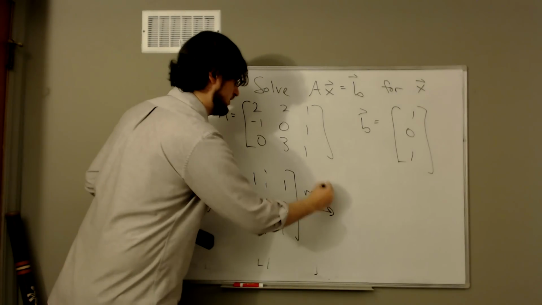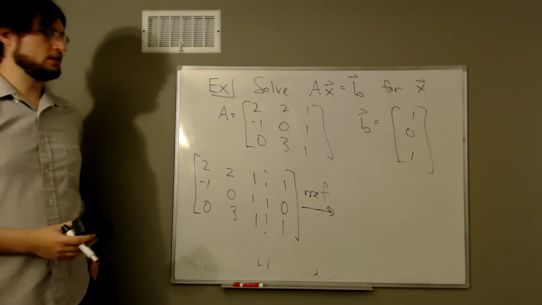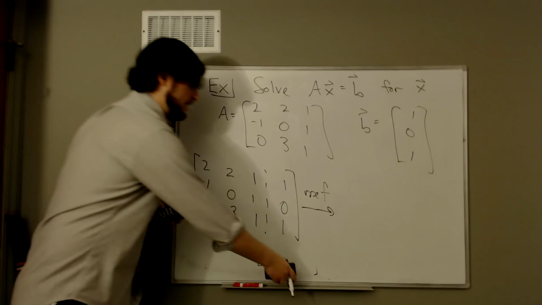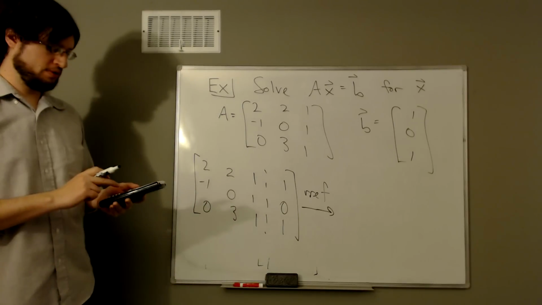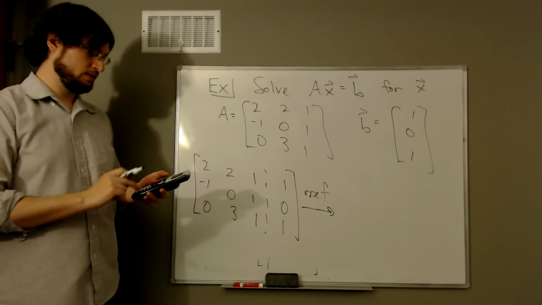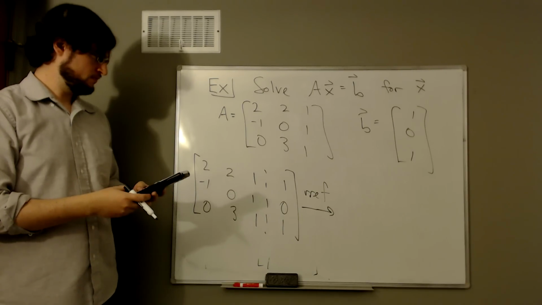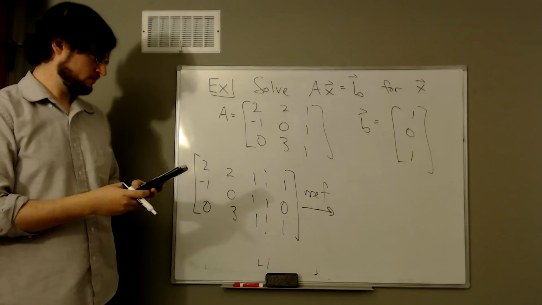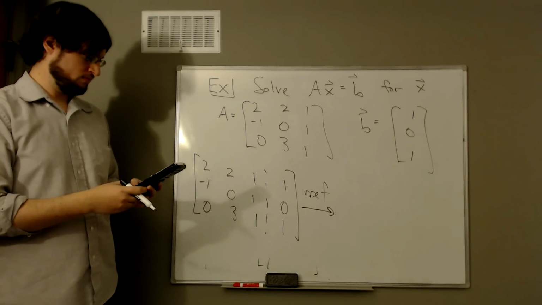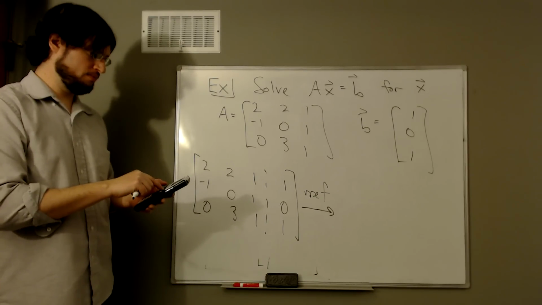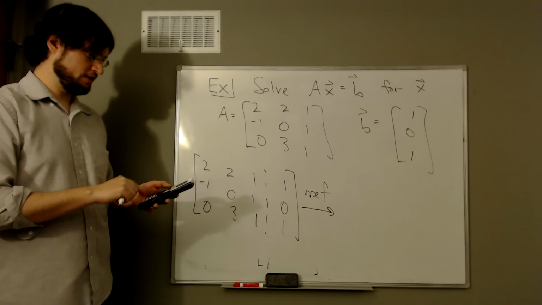So we're going to just do exactly the same thing. We're going to create the matrix out of A and B. We're going to enter it into our calculator, and we're going to reduce row echelon form.